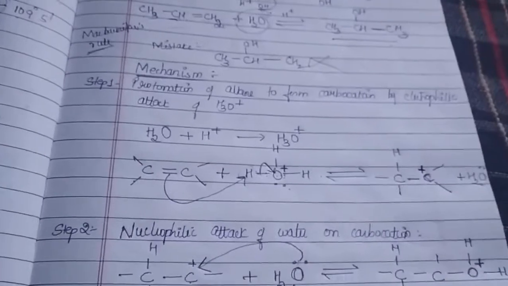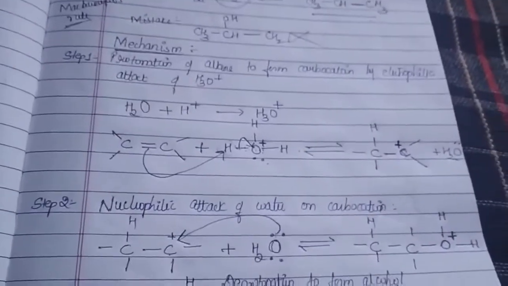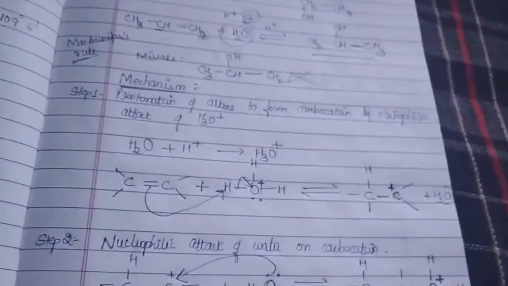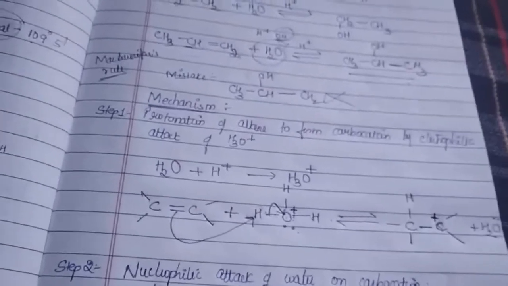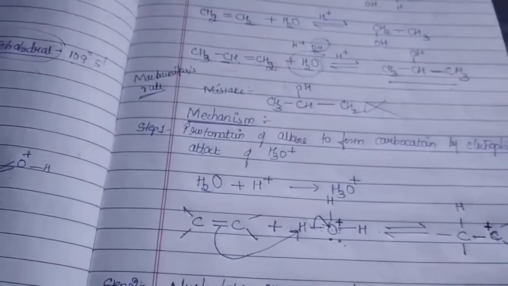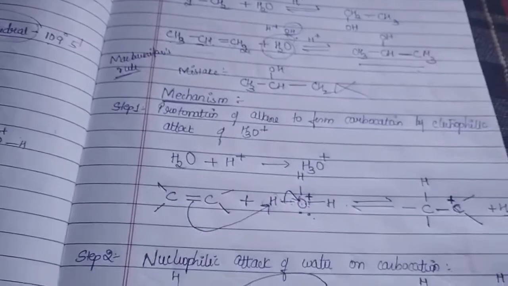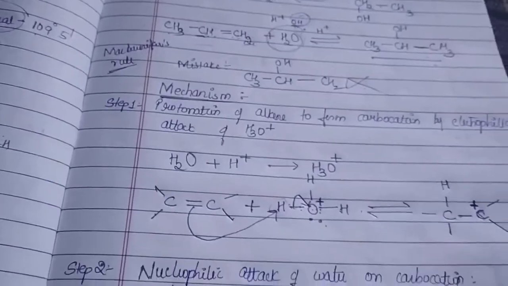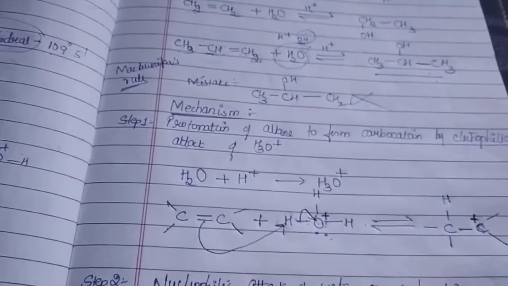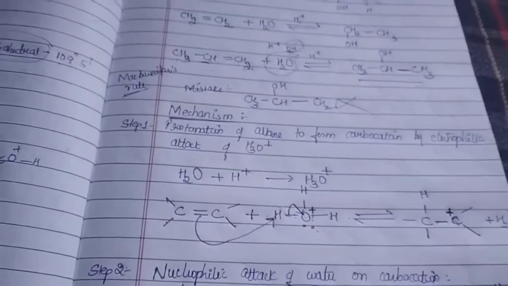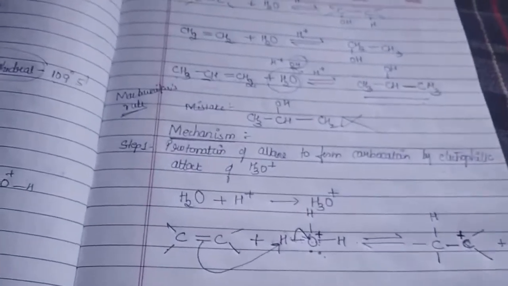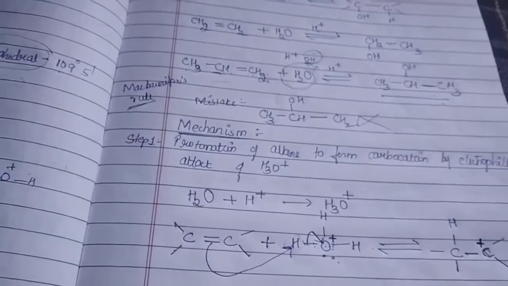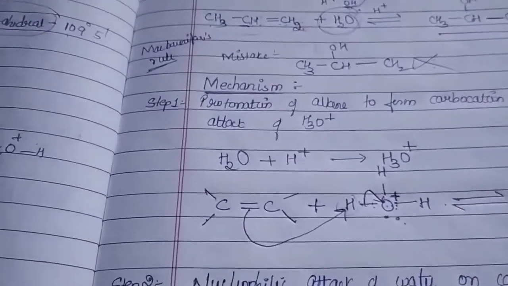Okay, just you have to understand the basic things: how your nucleophile attacks, how your electrophile attacks, where your positive charge is coming. Even if you are having a mixture of intermediates, that could be your primary carbocation, secondary carbocation, tertiary, you should know the concept of which will be more stable. Higher the stability, the reaction will be faster.